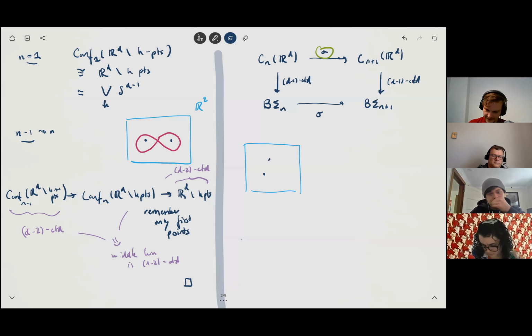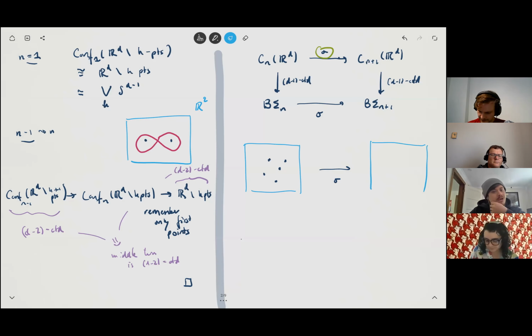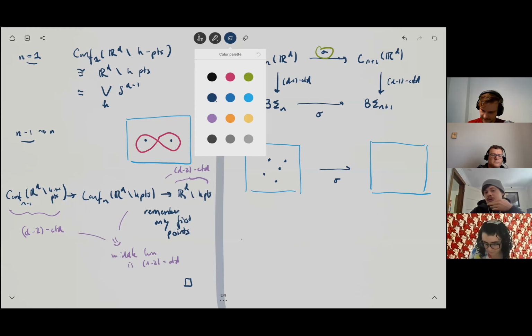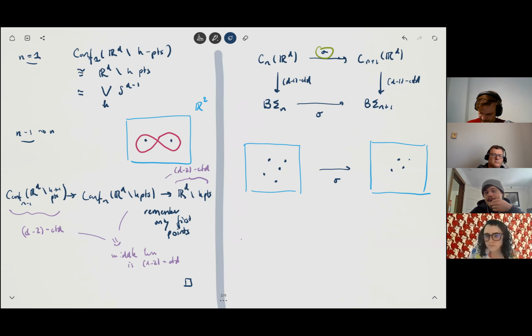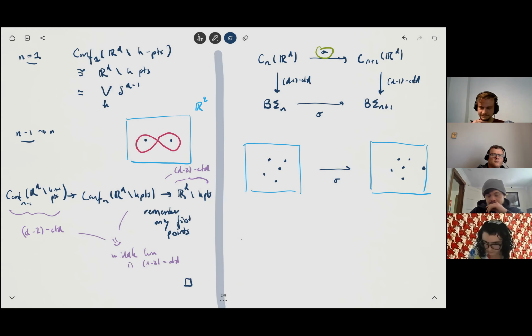If I have, say, 5 points in the Euclidean space, and I want to stabilize, what I can do is add a new point far away, say on the right. Now, to really make this precise, I probably have to push the original particles in a little bit to make space, but you can try and write down the formula for it. Okay, so this diagram commutes.